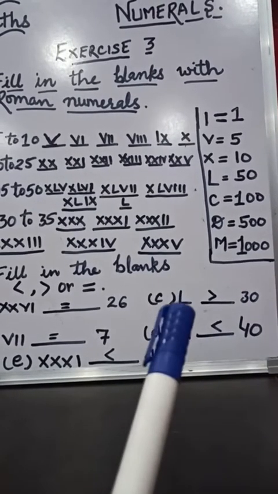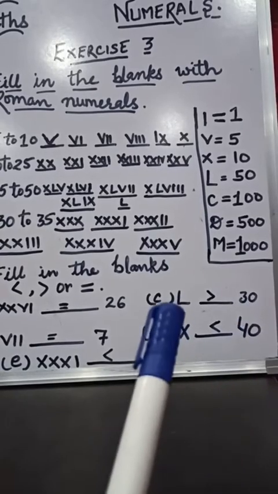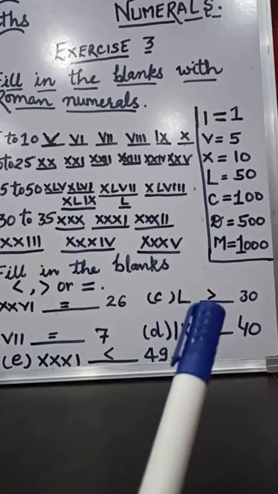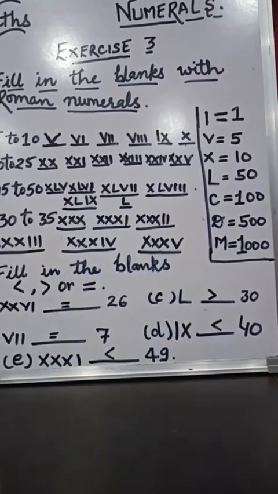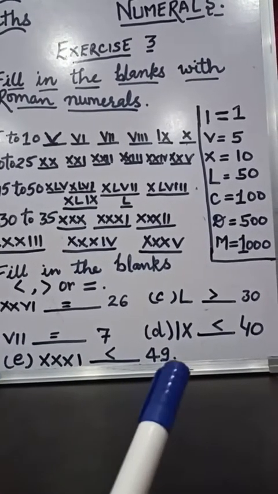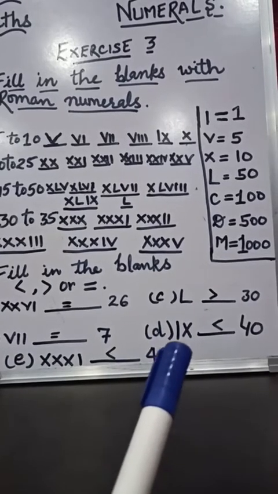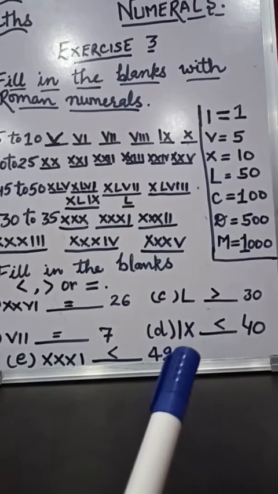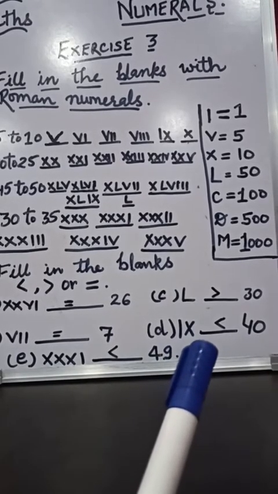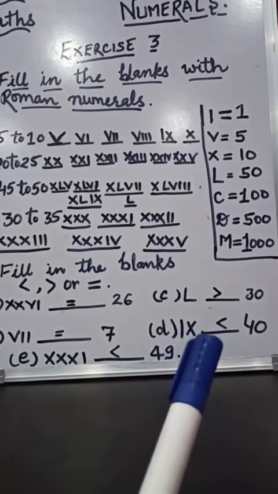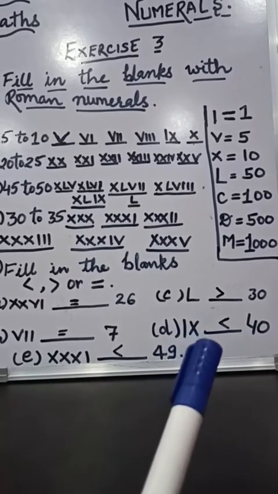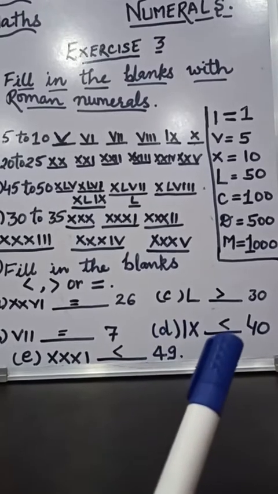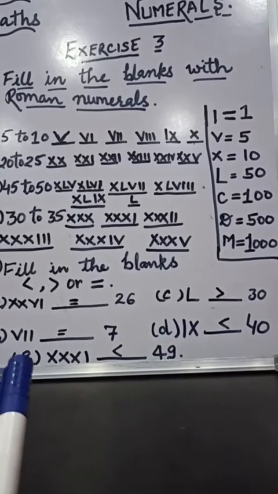So which one is greater, L or 30? L is greater because the value of L is 50. So here the greater sign will be there. Now let's see question number D. In question D, IX means 9, 10 minus 1. Okay, 9 and here it is 40. So 40 is greater than 9. So the sign will be there.